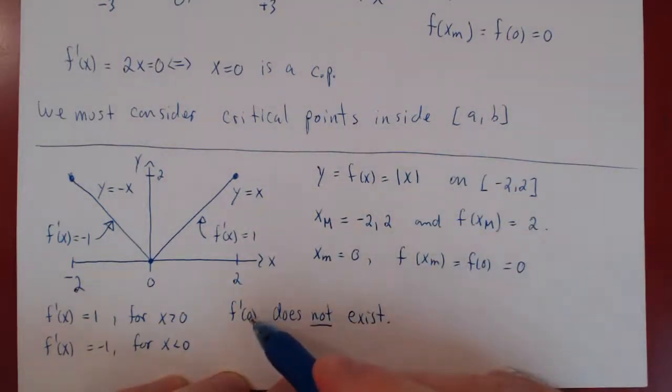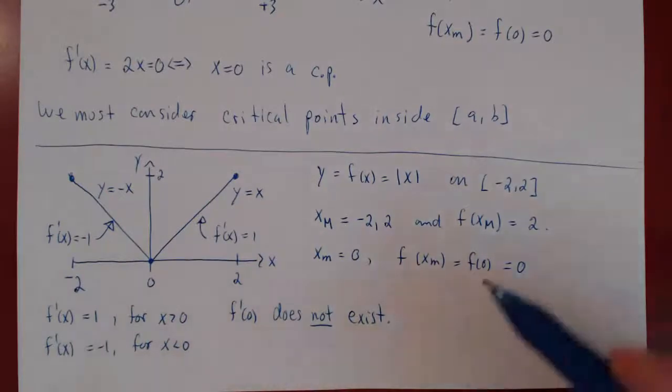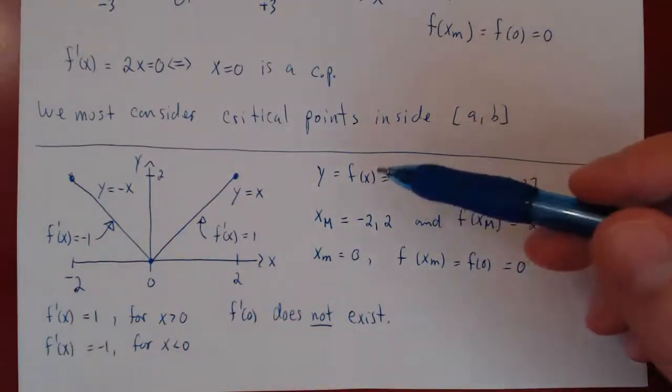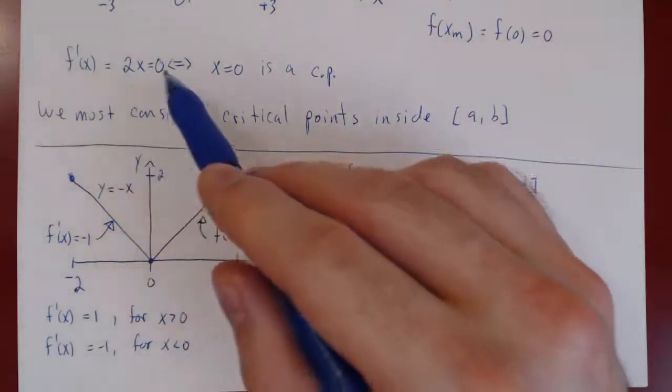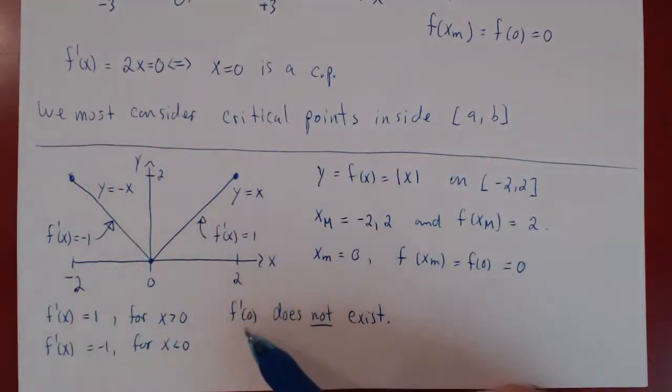And what's interesting is, therefore, that x equals 0 is a critical point of the second type, right? A value of x is a critical point of the function if it is a value where the derivative is equal to 0, or if it is a value of x where the derivative is undefined.